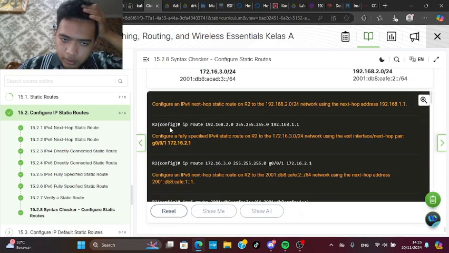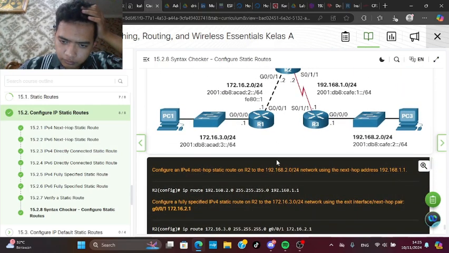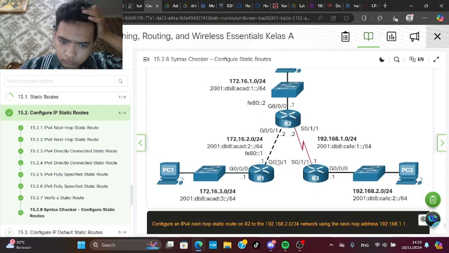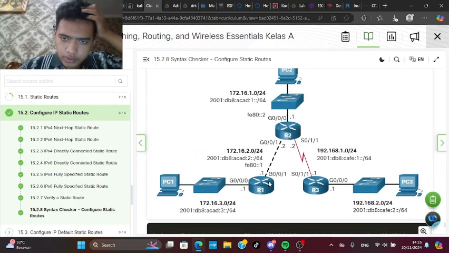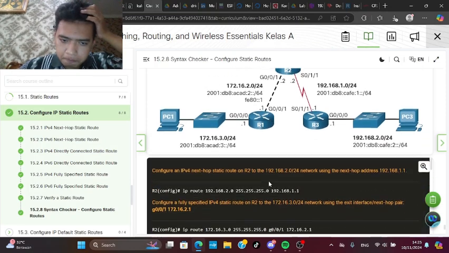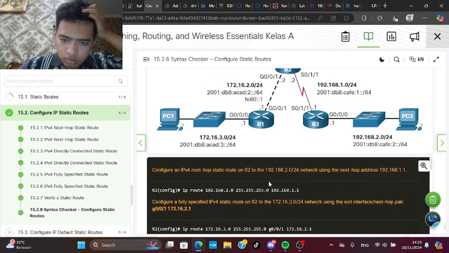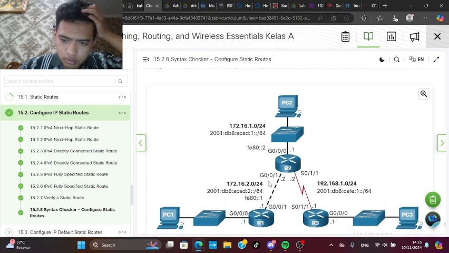So for here, the first list is for... wait. Oh, this is router 2 actually. Wait a minute.